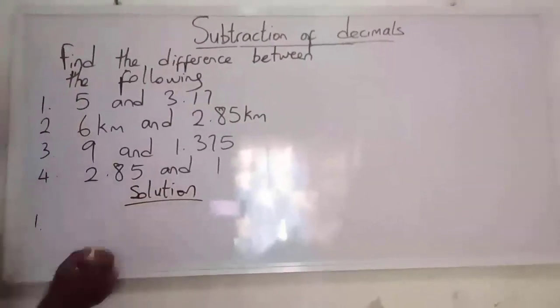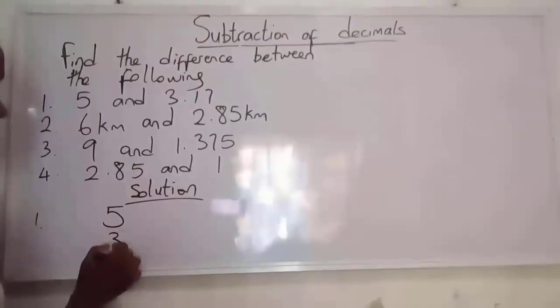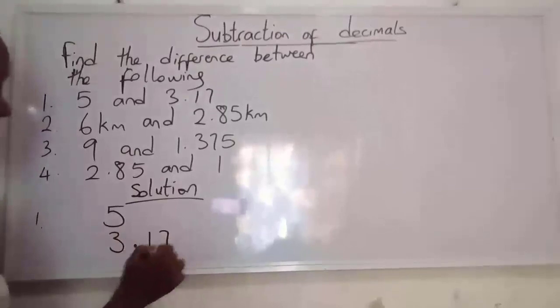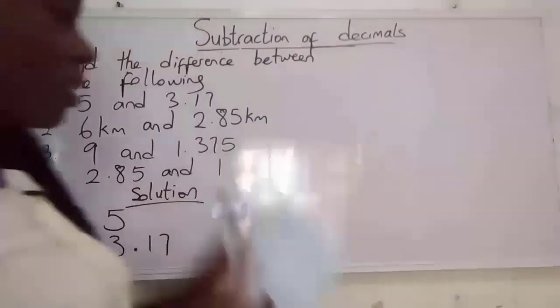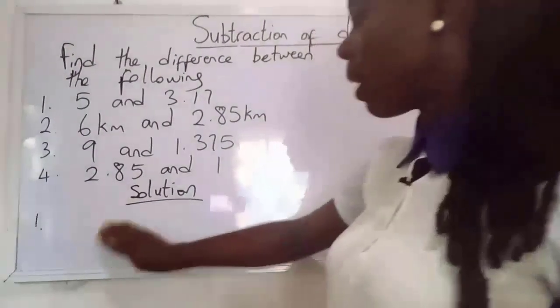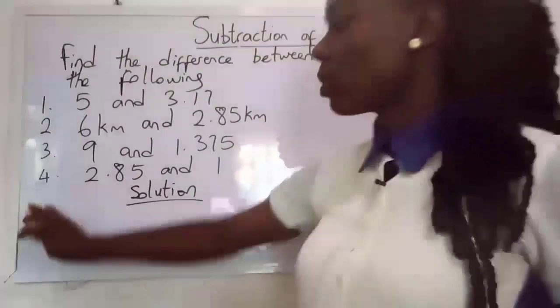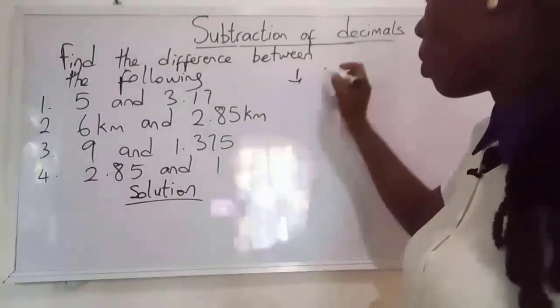For the first one, we have 5 and 3.17. Now take note that every whole number has a decimal point behind it. Every whole number has a decimal point behind it.